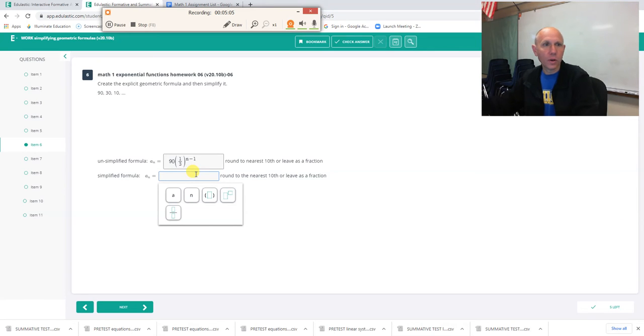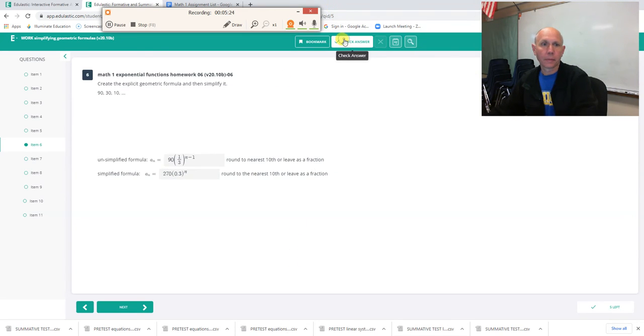Each time it was going down by a third, divided by 3, divided by 3, but now I'm going the other direction, so it's multiplied by 3. 90 times 3 is 270. For the ratio, it says nearest tenth, so I'm going to go with 0.3 and see if it works to the n. Yep, it took it.